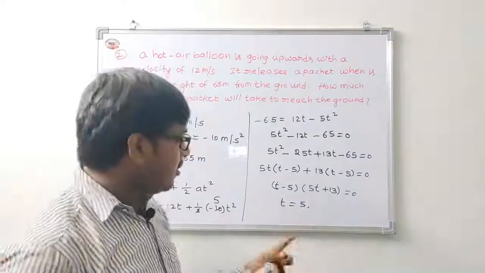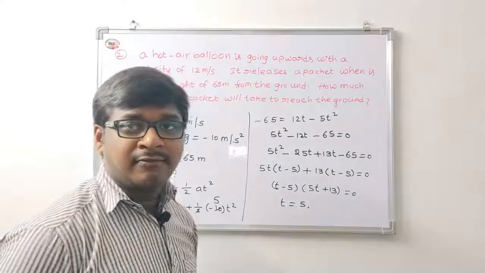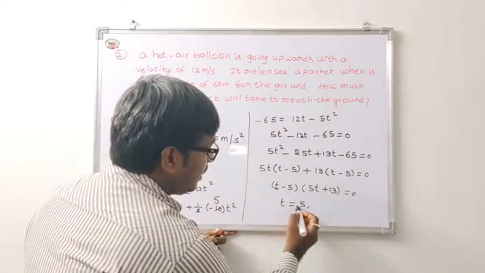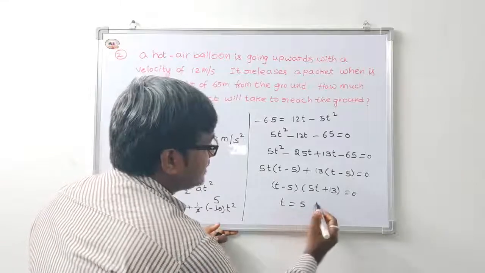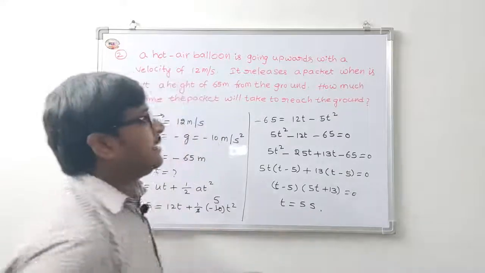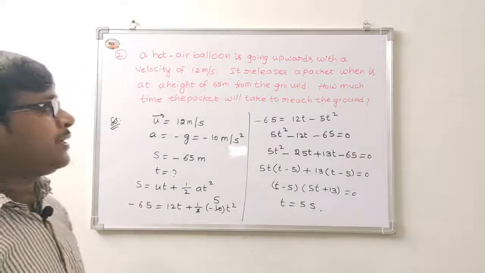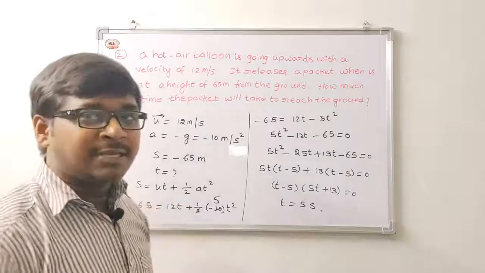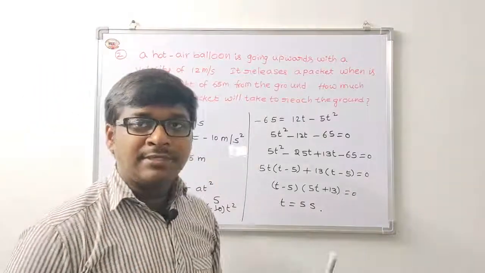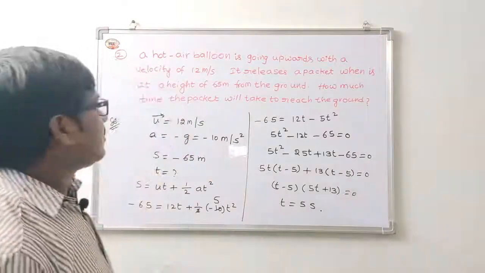A negative value is not valid for time taken, so we take only the positive value. t is equal to 5 seconds. So the time taken to reach the ground surface is 5 seconds. This is the second problem.